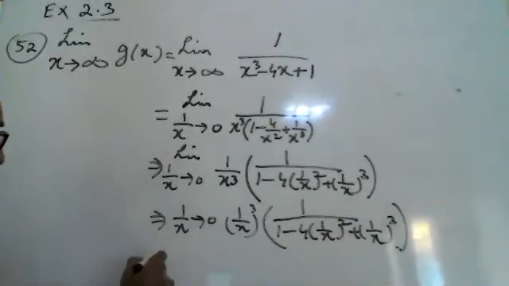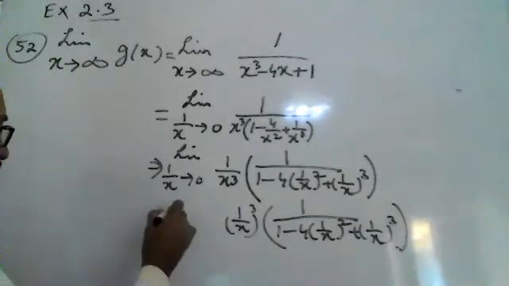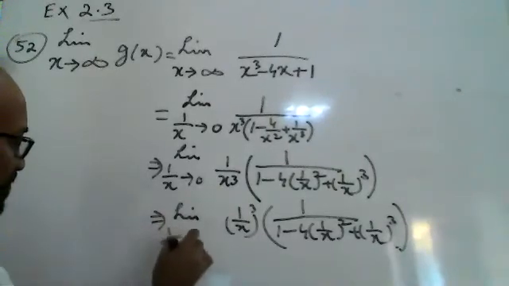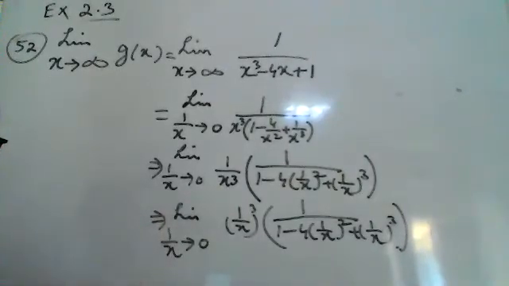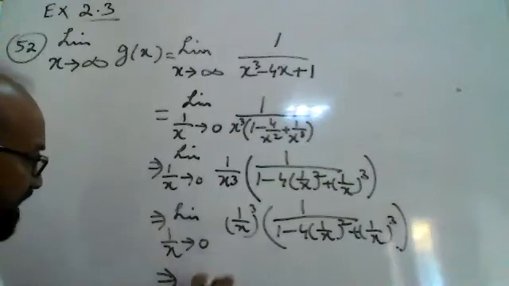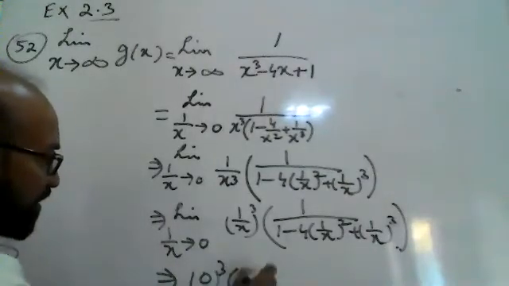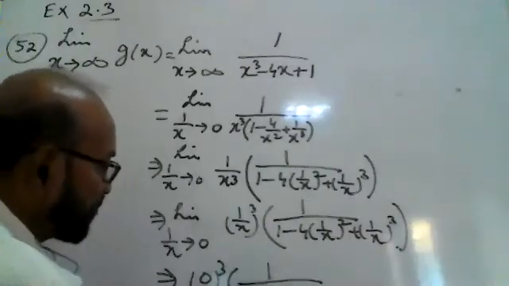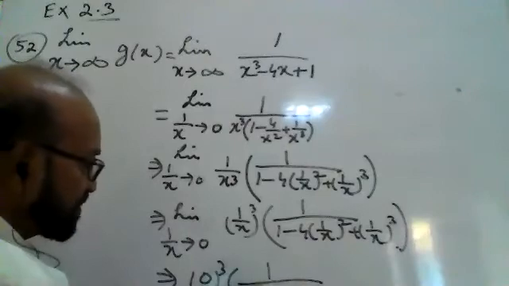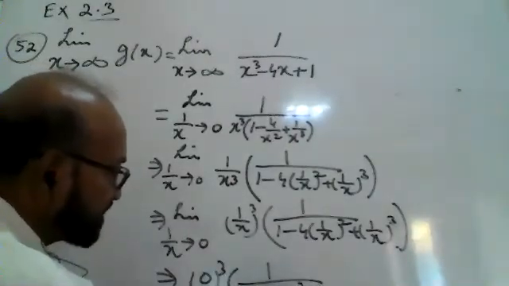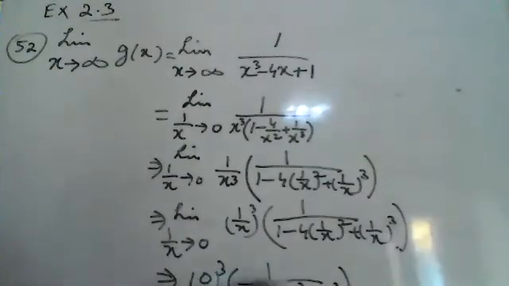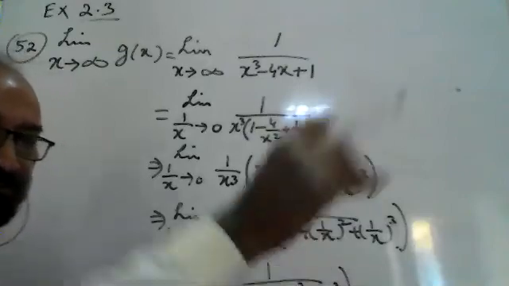Substitute the values. It will become 0 cube, so zero answer will come. Zero multiplied with everything, and here 1 over 1 is 1, so the answer is 0.